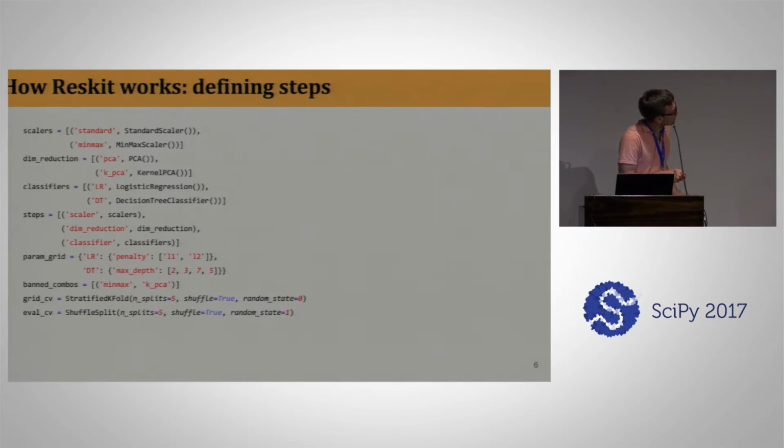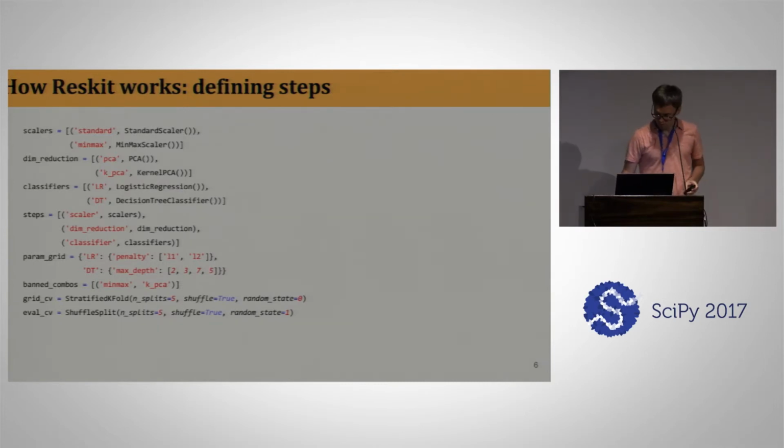So here we define steps: a scaler step, a dimensionality reduction step, and a classifier step. Also, we want to transform data, perform a grid search on this data, choose the best model according to a cross-validation scheme, and then test the best model on an evaluation set. So here is how we define it.